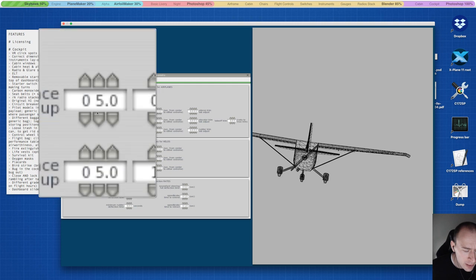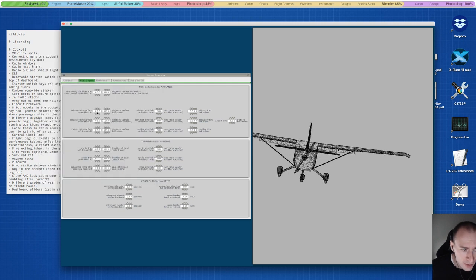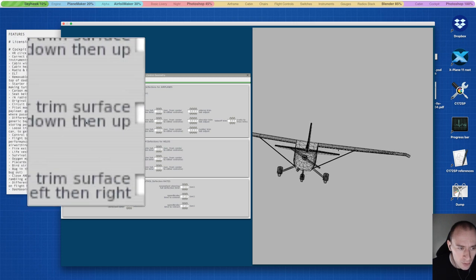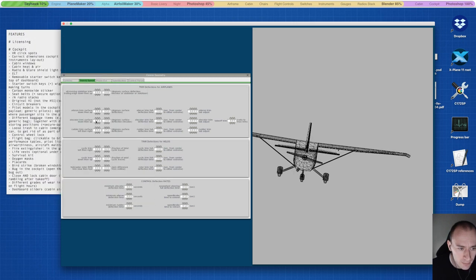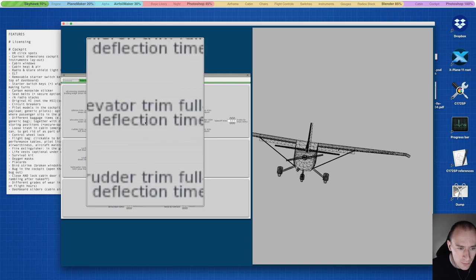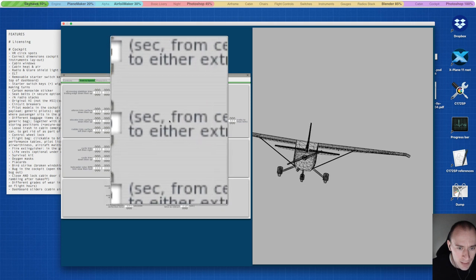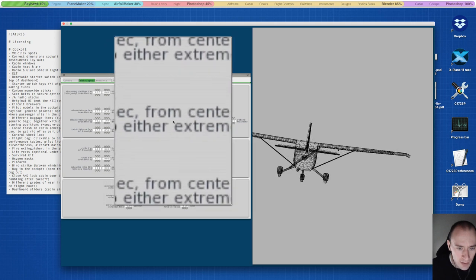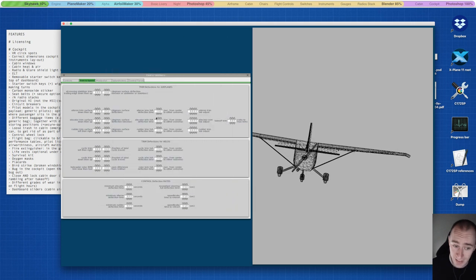And it's set to 5, but I guess it doesn't matter because we cannot change that in the cockpit with a 172. We also have no rudder trim. I think the 182 Skylane does have rudder trim. So we only have elevator trim, surface down then up. And what's this then? Elevator trim full deflection time. Seconds from center to either extreme. Interesting.